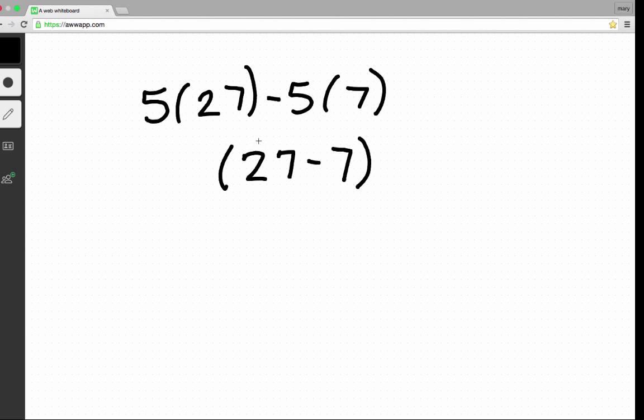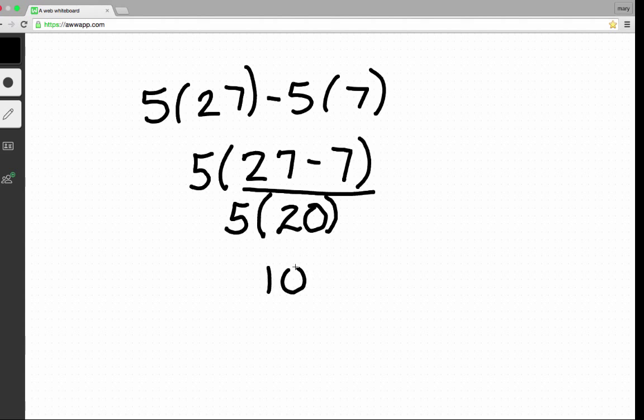Now we have it under one parenthesis set. 5 is the number we're distributing. We're going to do our subtraction, which would be 20. Don't forget these guys. Bring your 5 down. 5 times 20 is 100. So how did you do on those?